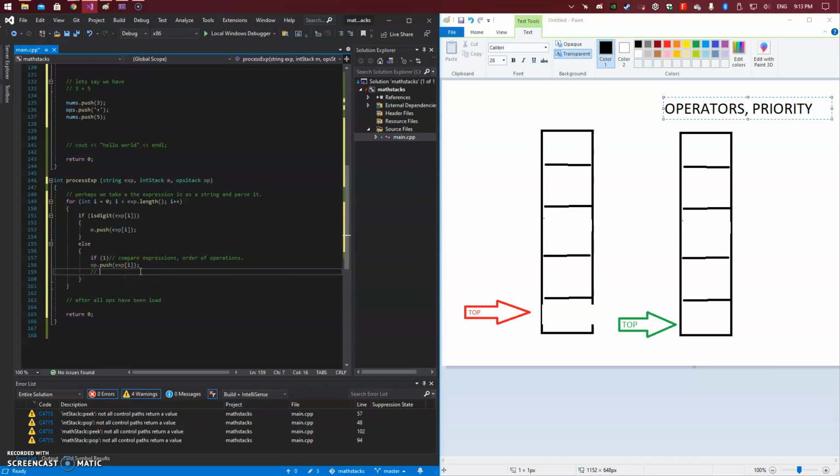You have to make comparisons: if you have a minus or addition, you have to compare it to whatever else is there, and if it doesn't go in, then you have to go back and start popping things out and calculating the expressions that you've built piece by piece.